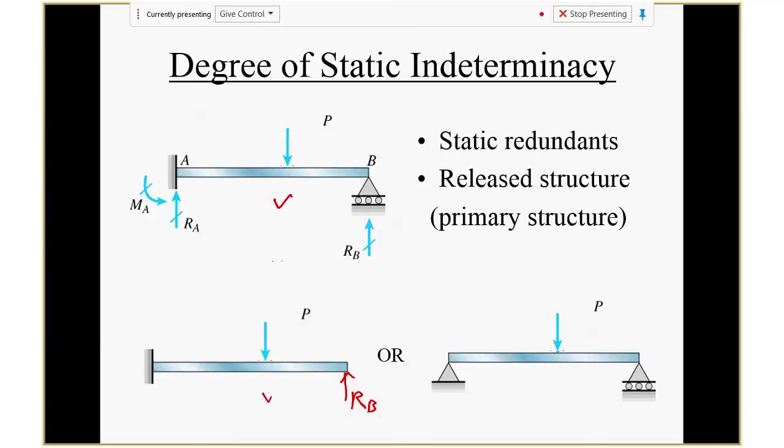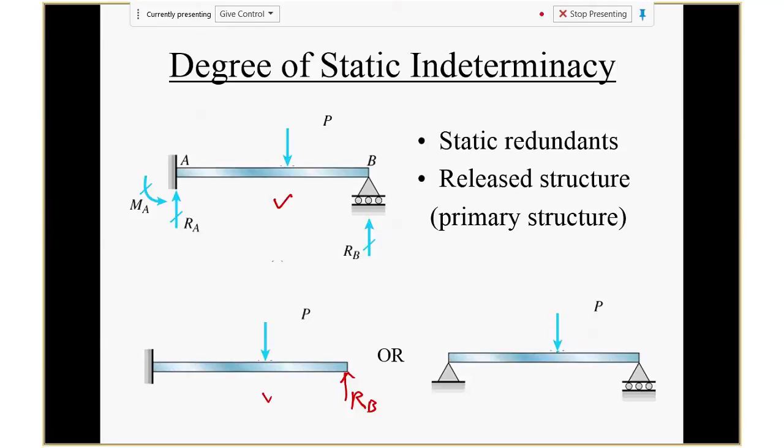Then you can move on to solve it. And then there will be compatibility that gives you an additional equation you can solve for the actual reaction. Because remember, compatibility is how the thing deforms, how they are related, and that'll give you an additional equation to help you solve it.